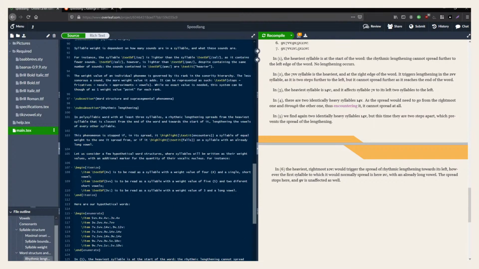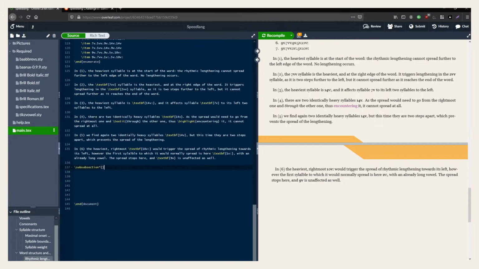Oh, let's do some vowel harmony, actually. That's suprasegmental, right? I think. Let's check, because I'm doubting myself now.